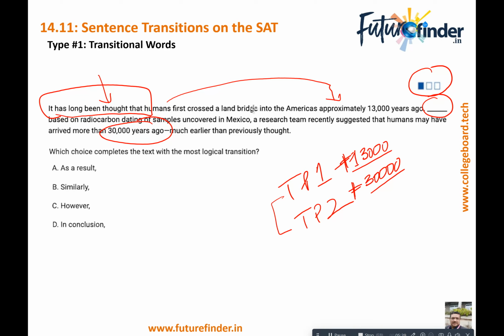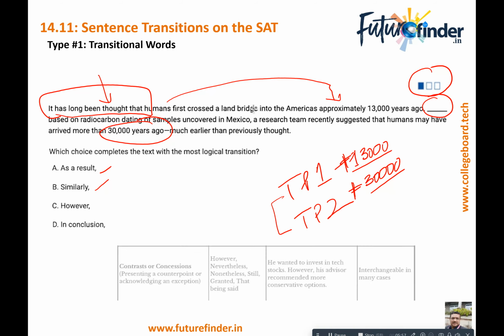Now let's look at what we have. We have four options: as a result, similarly, however, and in conclusion. As a result, as you can understand, is a cause and effect relationship. Similarly is addition. If we go back to our sheet, under contrast and concessions, we will find that however features there. This looks like the most likely answer.